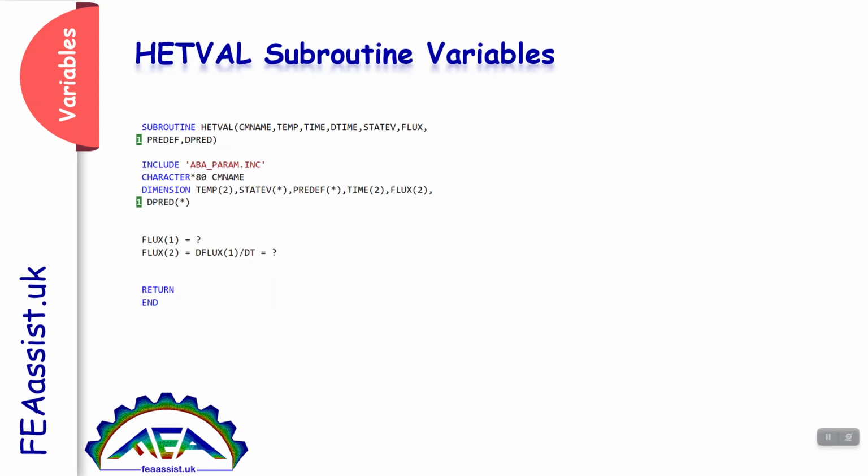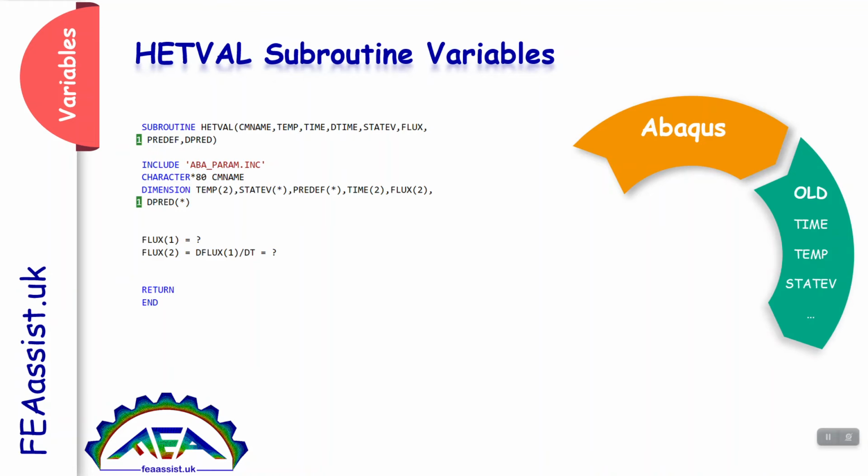Let's talk about HETVAL subroutine variables. HETVAL has some parameters. First, Abaqus computes some of the parameters like time, temperature, and state variable. These parameters and variables are input to the HETVAL subroutine.